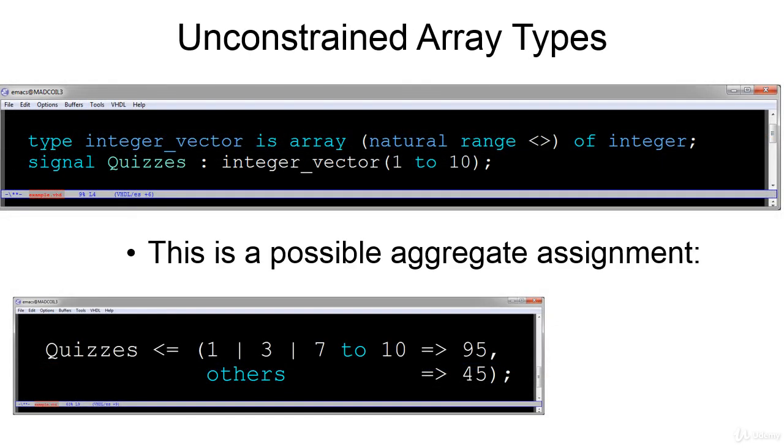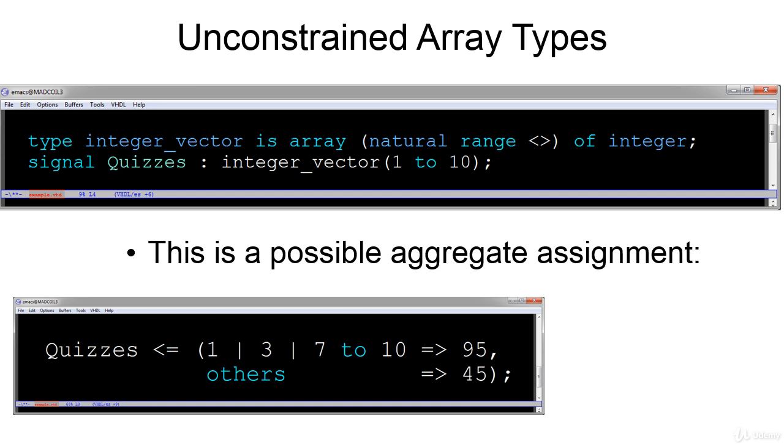Now we're going to look at unconstrained array types. In the first line of the screen capture, type integer vector is array begin paren natural range less than and greater than end parenthesis of data type integer. That defines the unconstrained array type. When we actually use it, though, we have to define exactly how large, or we have to constrain the array.